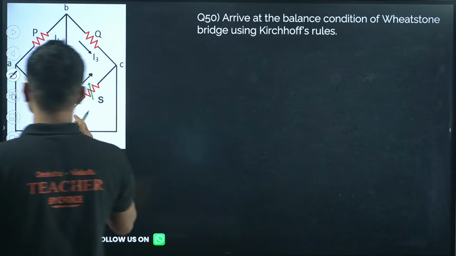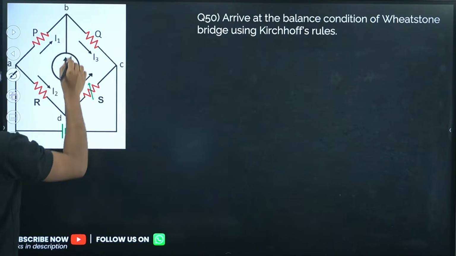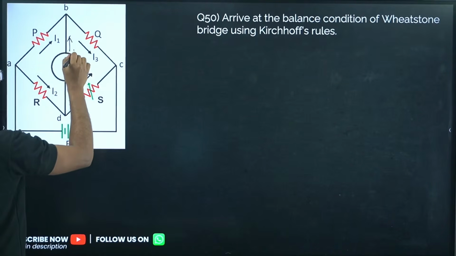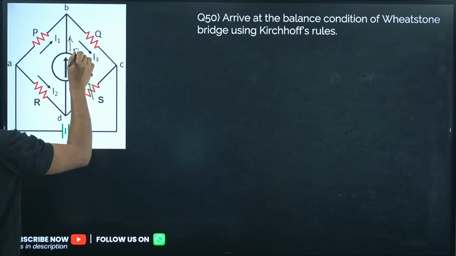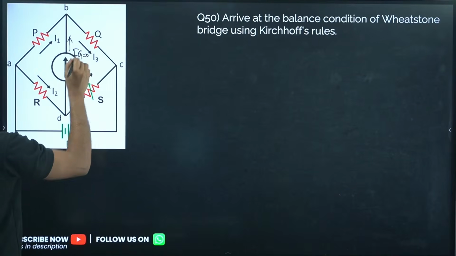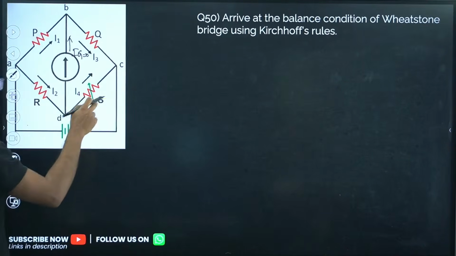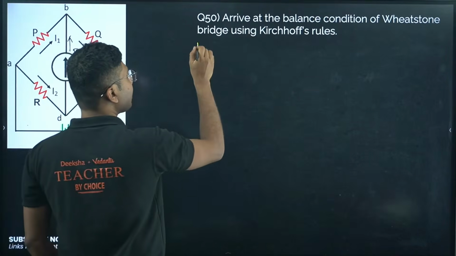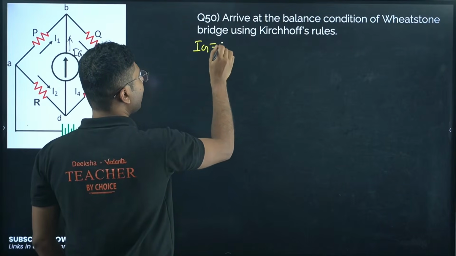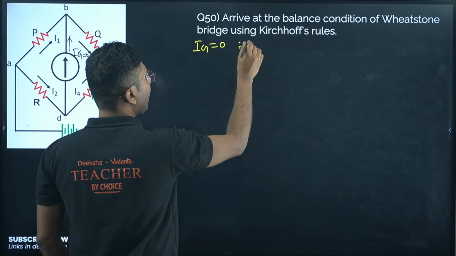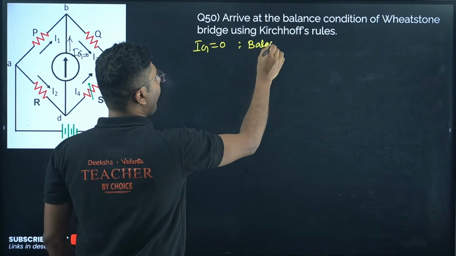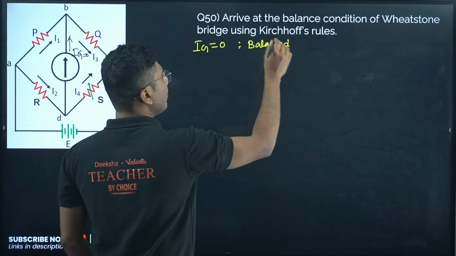What is the balanced condition? For the balanced condition, the current through the galvanometer, IG, should be equal to 0. That is the balanced condition of Wheatstone bridge. So IG equals 0 is the condition for a balanced Wheatstone bridge.